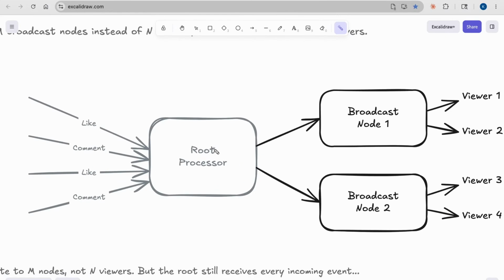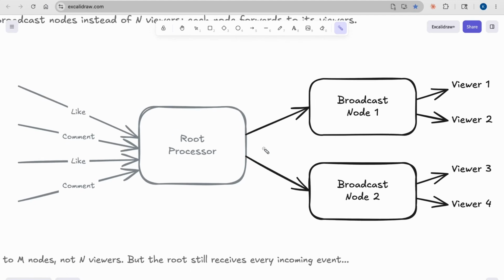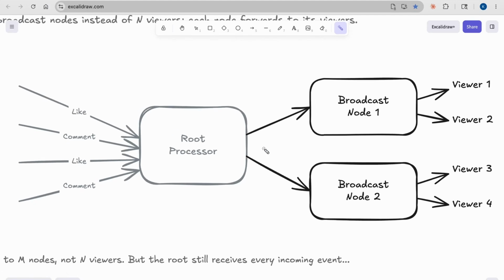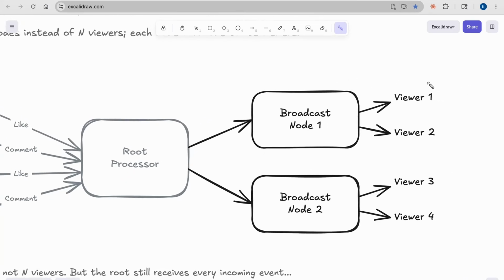They want to see all the latest comments and counts associated with them, like likes. So the idea is that we assign these viewers to broadcast nodes instead of directly to our root processor.